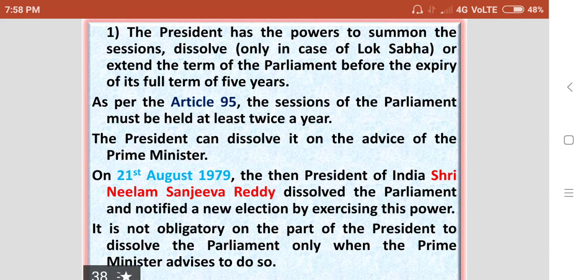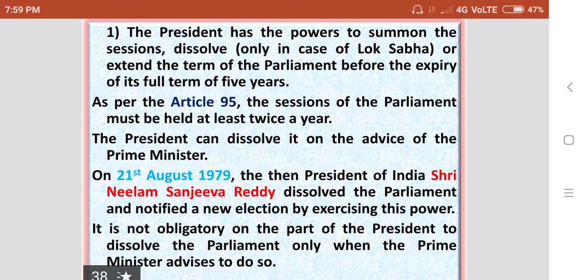He can call the sessions of the Parliament. Sometimes he can also dissolve the Lok Sabha for some reasons, before the completion of its full term. As per Article 95, the sessions of the Parliament must be held at least twice a year. So, every year, two sessions are to be held.